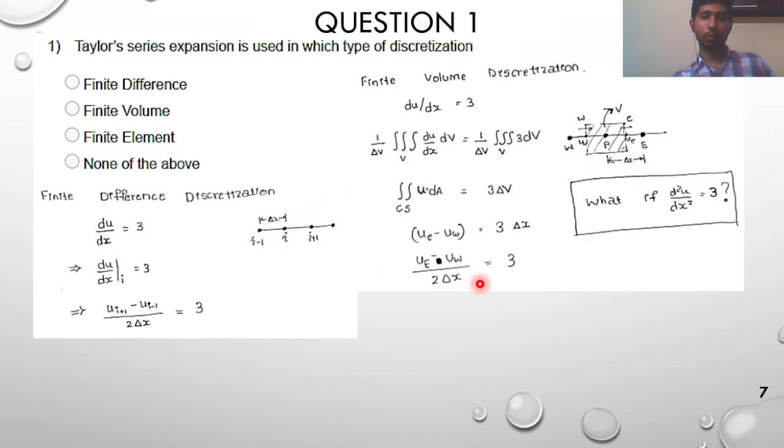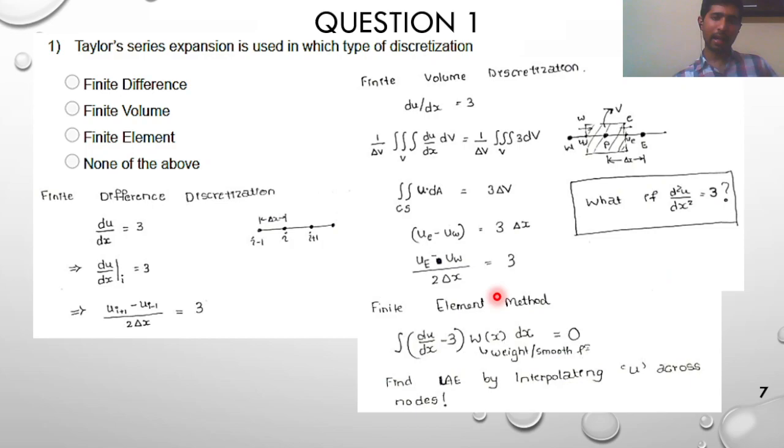So in the finite volume method also, if you have a second order partial differential, you will finally have to use Taylor series. Not every time, only in certain cases, but you have to use it. I hope that this point is very clear, because you might get biased about the question.